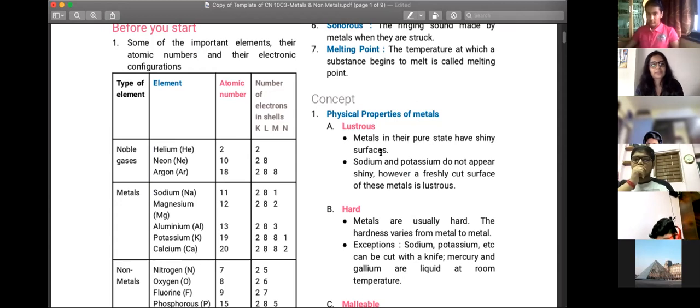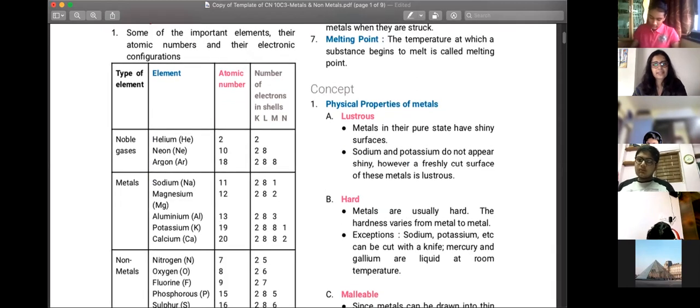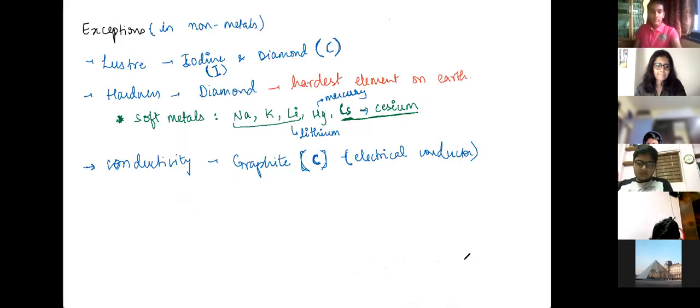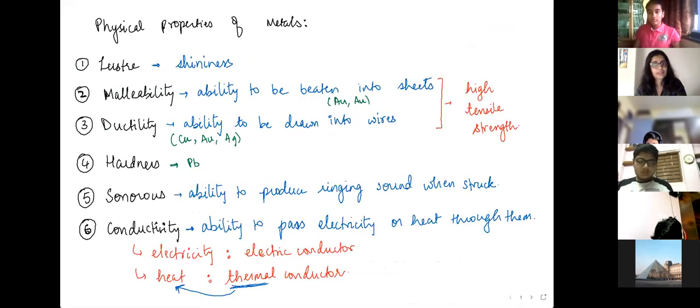So metals usually have really high melting and boiling points. But again, what would be the exceptions there? Oh, Mercury? Mercury, yes, absolutely.